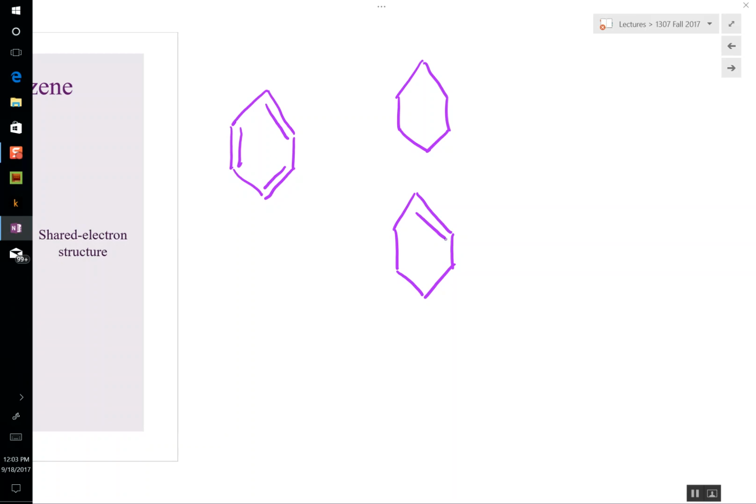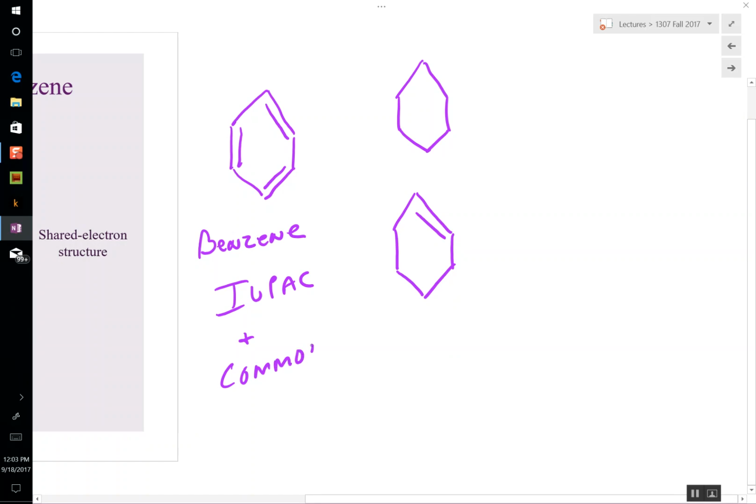Cyclohexene. That's cyclohexane, cyclohexene, and this is not cyclohexene, this is benzene. This is its common and IUPAC name. It only has one name: benzene.